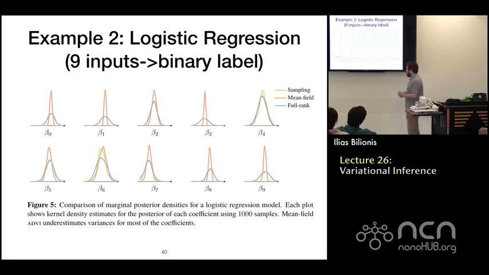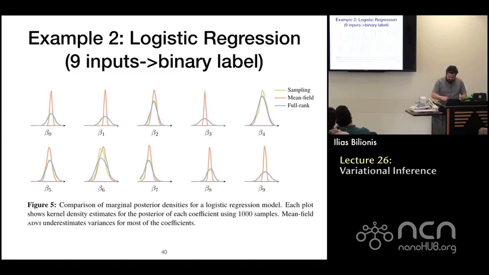So logistic regression had basically coefficients for each one of the features that you wanted to include. And if you do it in a Bayesian way, the way we did it, basically we used MCMC to characterize the posterior. So here you see a comparison of MCMC, which is the sampling, right?